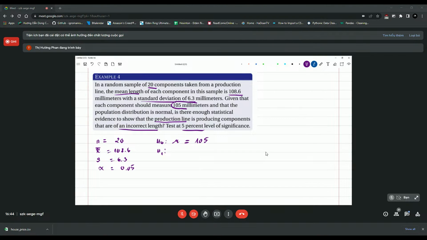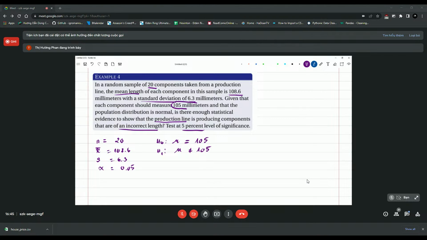In this case, we only care whether the line is producing correctly or incorrectly, equivalent to compared to 105. We only care equal or not equal. We don't care greater than 105 or less than 105 millimeters. We only care different or not. Hence, this is two-sided. That's all.